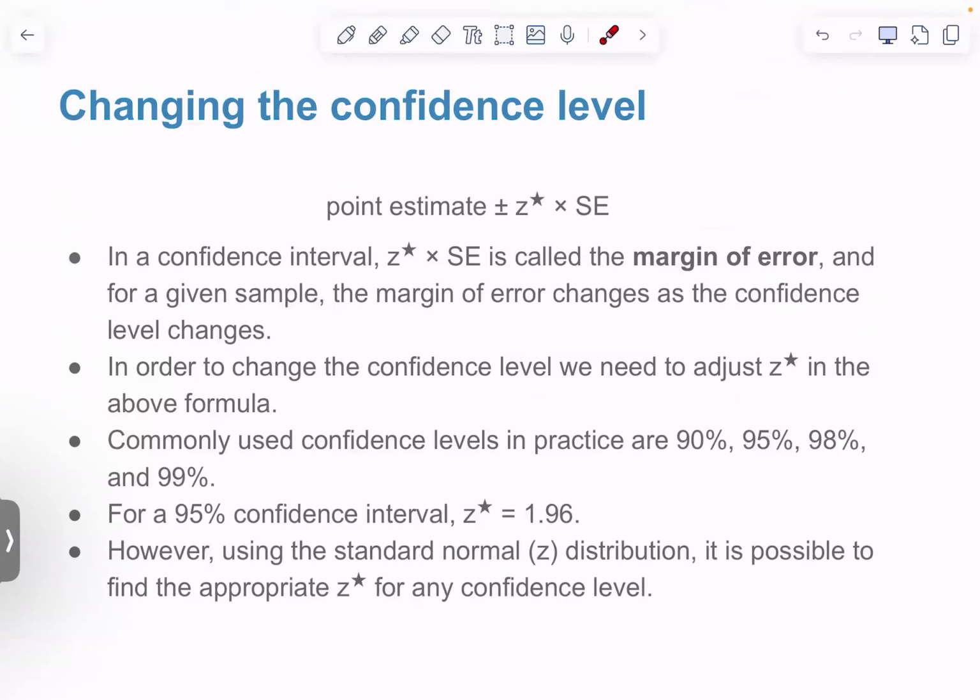We already looked at how we find the Z star. So changing the confidence level, as we saw, that's going to be done by this Z star, this critical value. Z star is called a critical value.